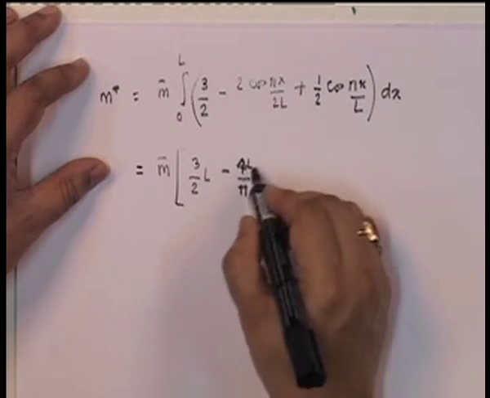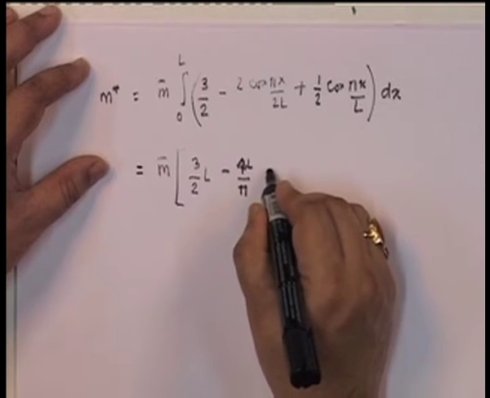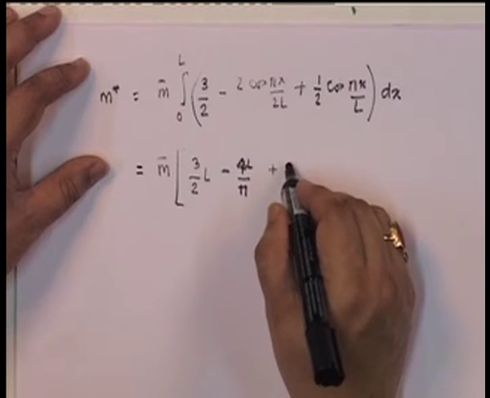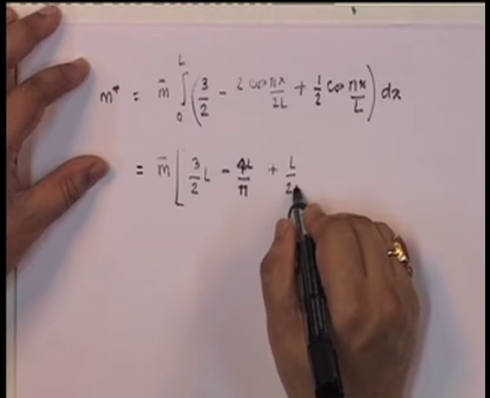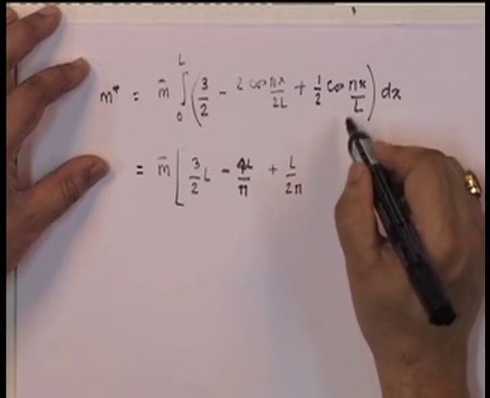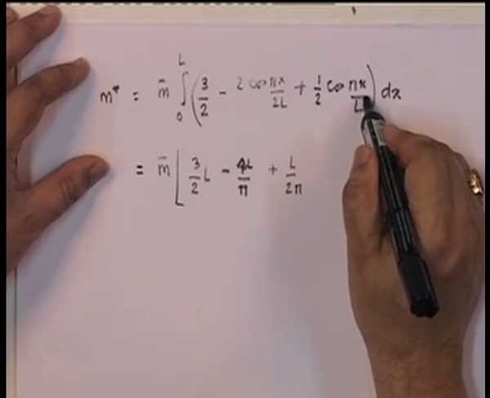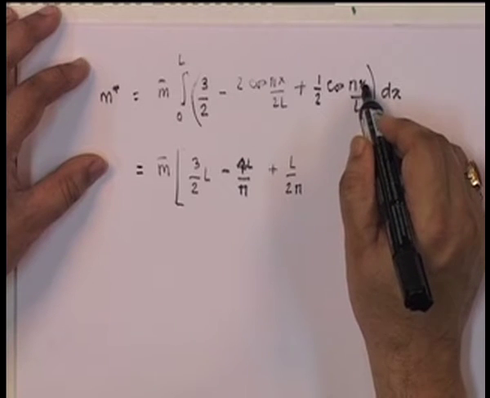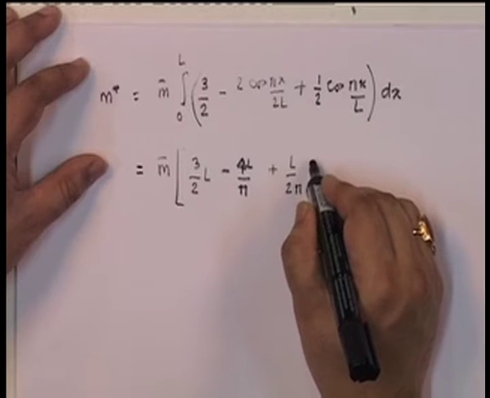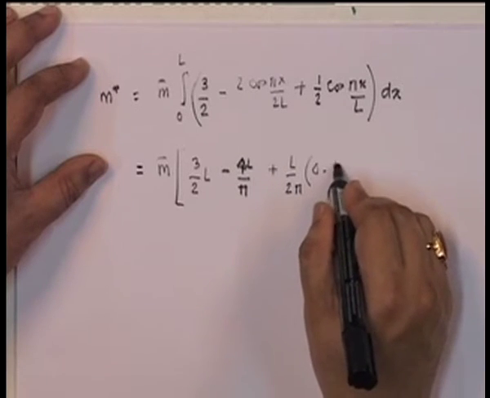So, this is minus 4L by pi, times 1, minus 0, and plus on this side again you have L upon 2 pi, and this is cosine, so when I integrate it I get sine pi x upon L. When I put x equal to L, sine pi is 0, and so both are 0 minus 0.